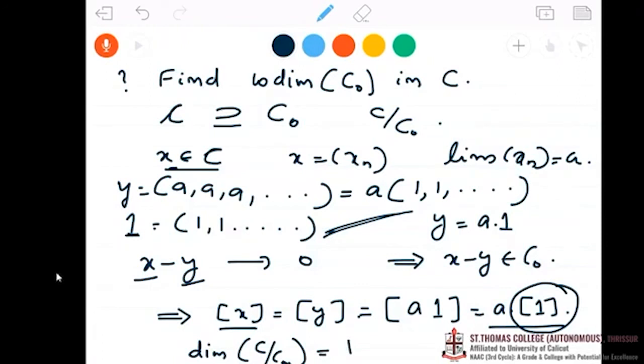So the codimension of c0 in c is 1. In the next class, we will continue our discussion on quotient spaces. So go through these portions carefully and study well. All the best.